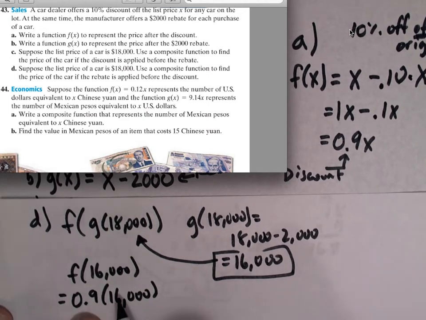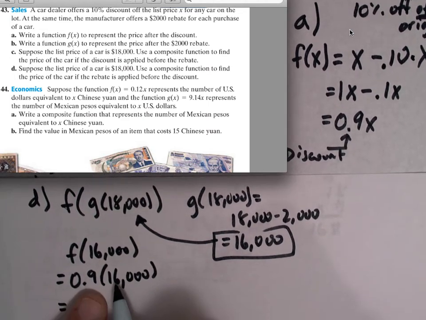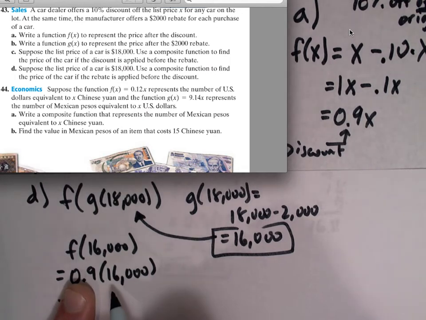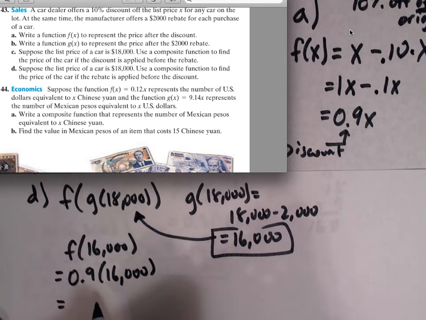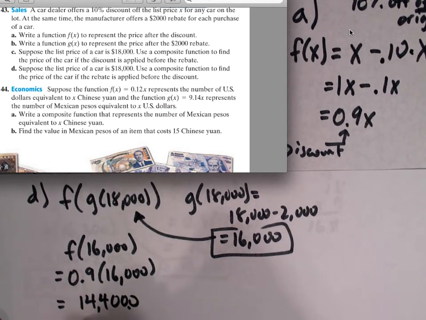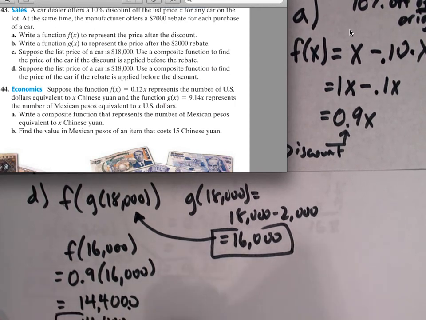Let's just do this in our head. 16 times 9: 16 times 10 is 160, take away 16 from that, so 144. I'm going to add 3 zeros, but then it's 0.9, so I move the decimal back, so it looks like $14,400.